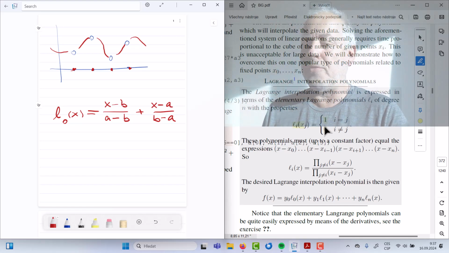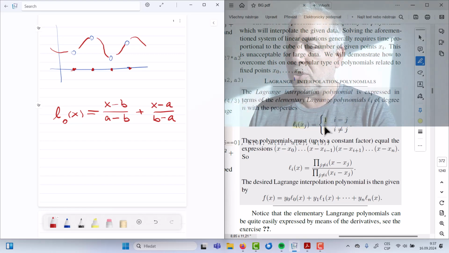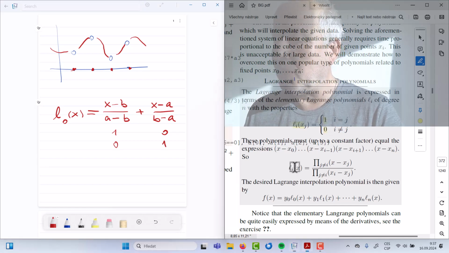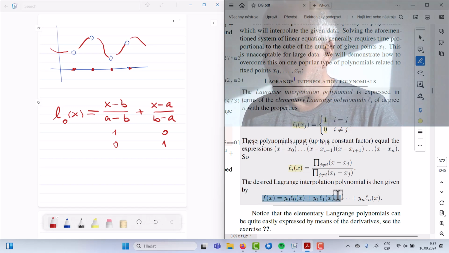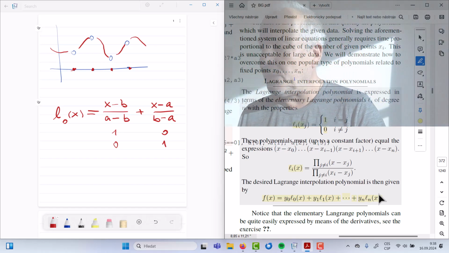And you see that for x equals a, this is 1 and this is 0. For x equals b, this is 0 and this is 1. That's exactly what we want from the Lagrange polynomials. And then we can write down our polynomial explicitly this way. So it's a very easy task, and the polynomials can be interpolated this way.